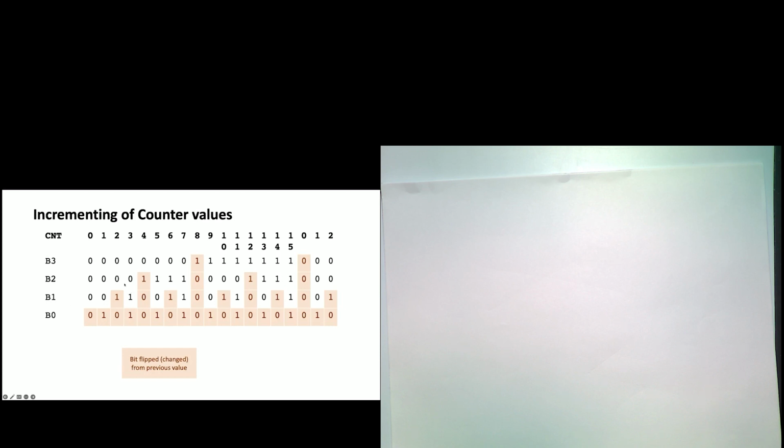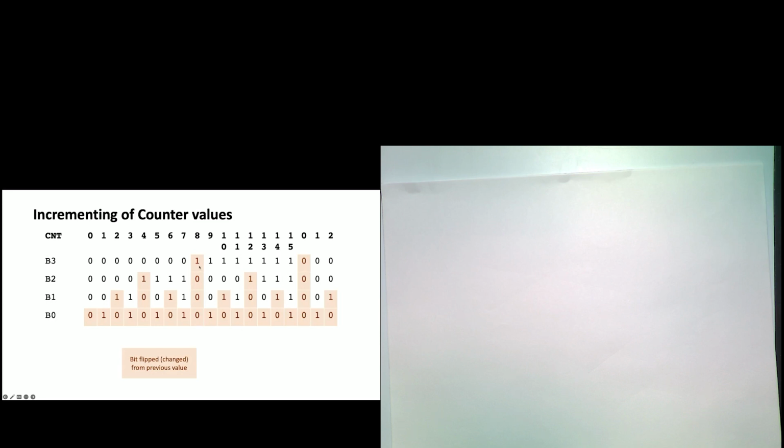And then this repeats. Bit 2 will change when both bit 1 and bit 0 are 1, because adding 1 causes a carry into that position. So bit 2, over here, it'll go back to 0 again when bit 1 and bit 0 are all 1.